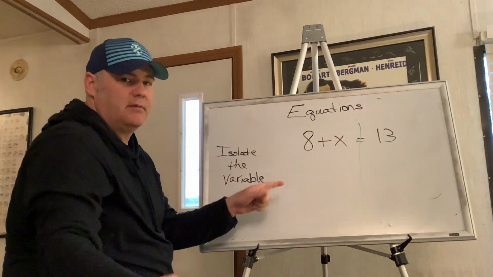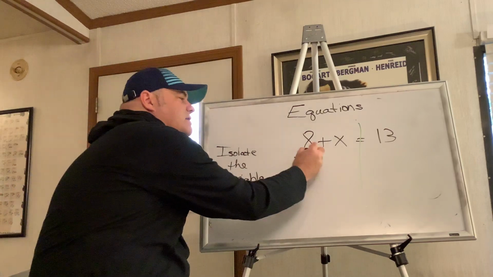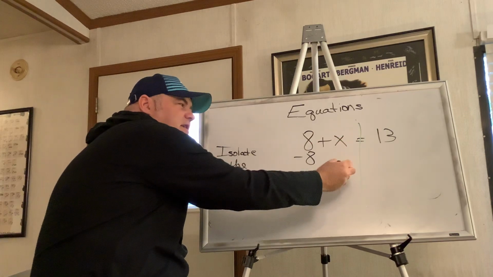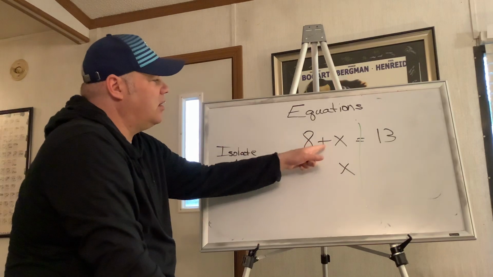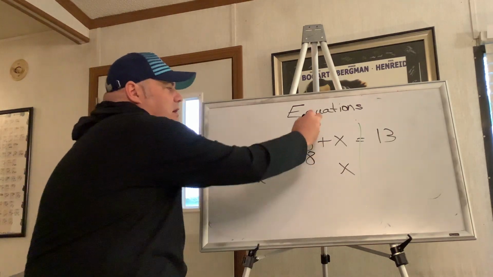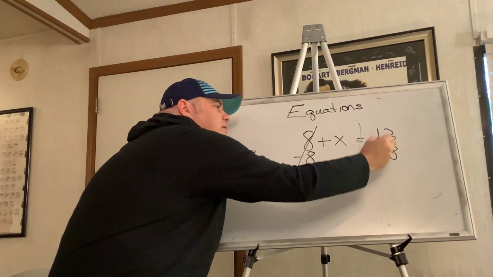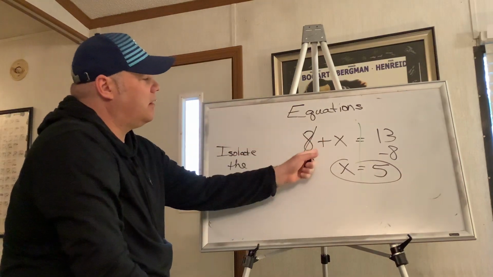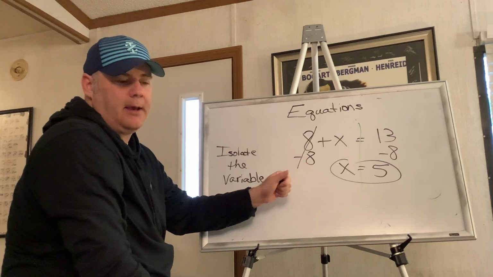We just want to get rid of that 8, and it's a positive 8. So the only way we're going to get rid of it is to subtract 8, okay? That leaves us with plus x, but we know plus x is just a positive x. Okay, when it's all alone, now we don't even need that plus sign. We got rid of this, okay? But if we subtract 8, we got to subtract 8. And so we're going to get x is 5 that way. So no matter which side it's on over here, and it's a positive, you're going to subtract it to get it to be 0. Okay?